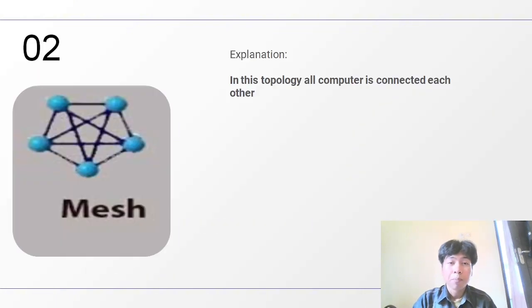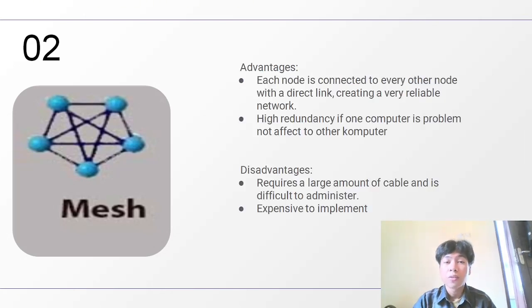Next, mesh topology. In this topology, each computer is connected to every other computer. The advantages of this topology are: number one, each node is connected to every node with a direct link, creating a very reliable network.